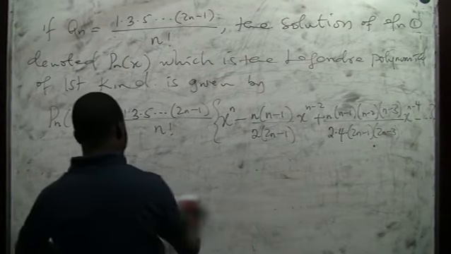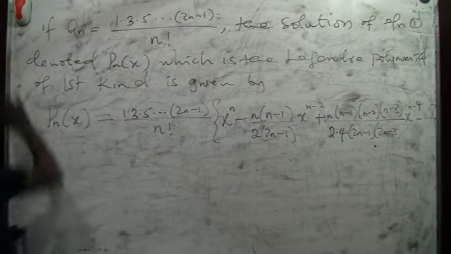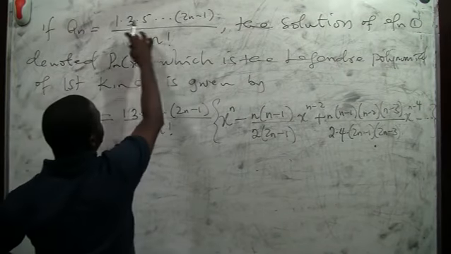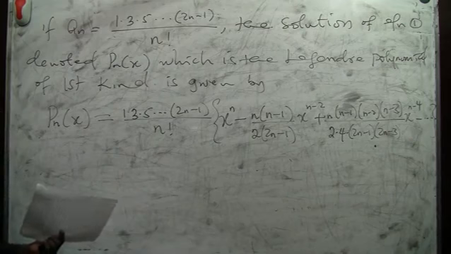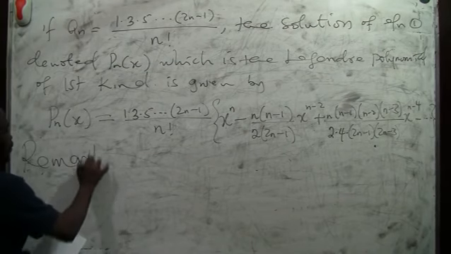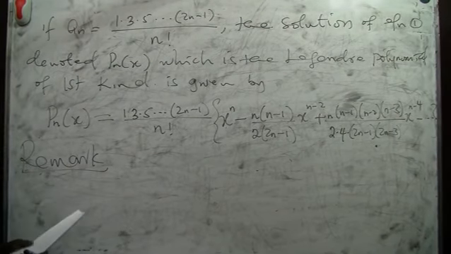Now, what is the motive behind the selection of A_n equals 1 times 3 times 5 times up to (2n minus 1) divided by n factorial? Let's make that a remark.